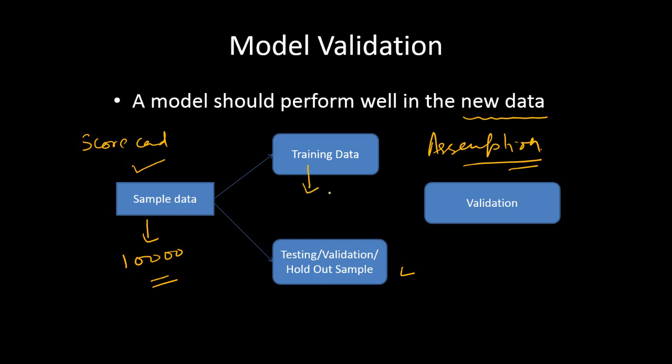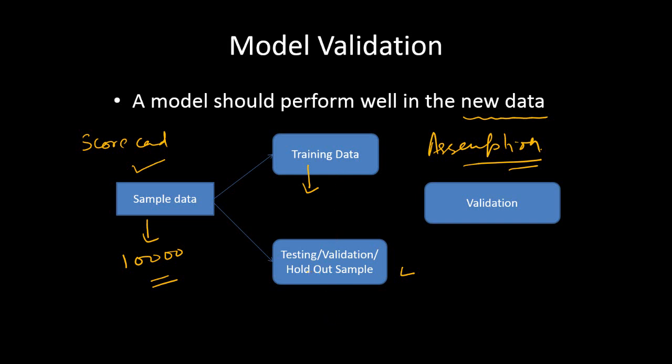Now, training data acts as the historical data for us, and we build the model using training data. In testing data, we do not use the target variable; rather, we try to predict the target variable using the model which we have built using the training data set.